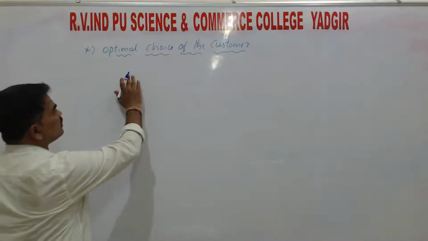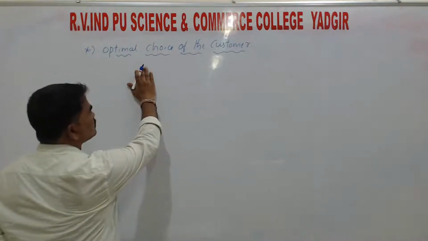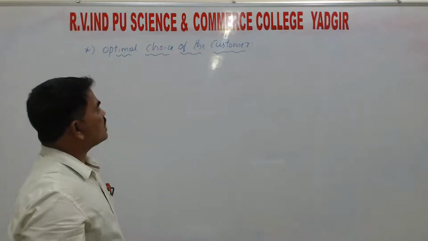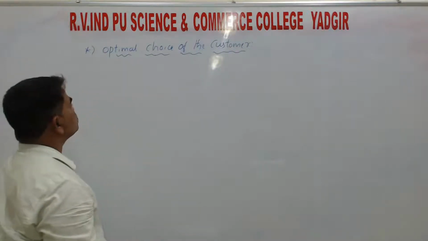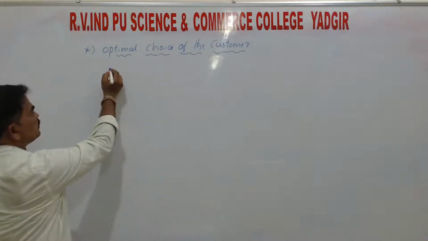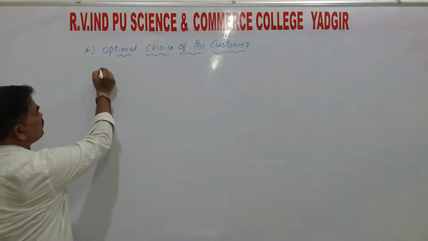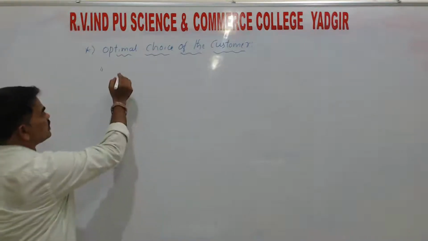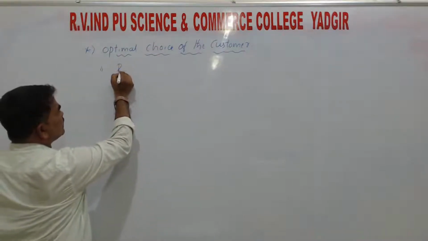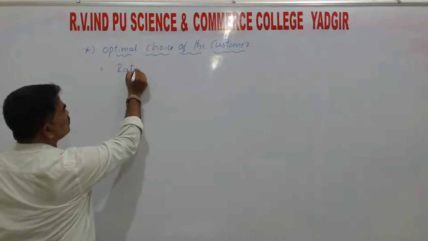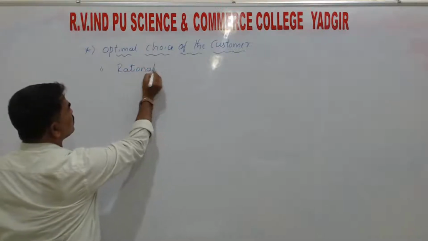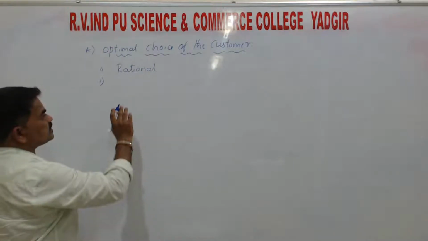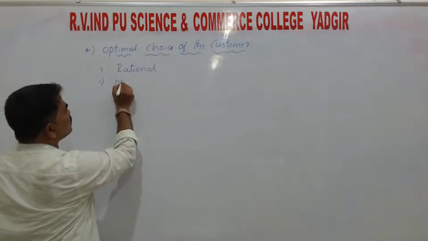To understand the optimal choice of the customer, which is his best choice, we need to understand five things. The first one is the customer is a rational customer. He is rational. And his preferences are monotonic.